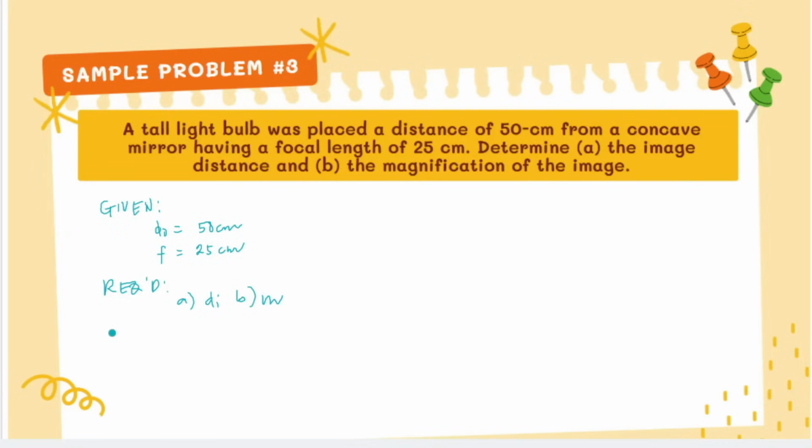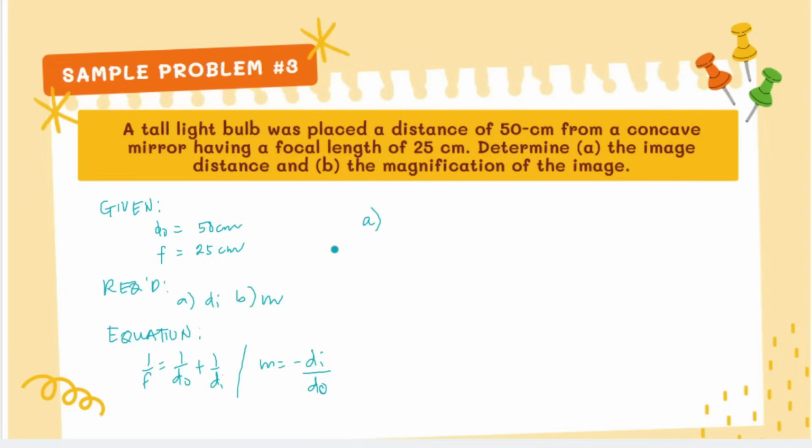Okay, kasi our equations would be first your mirror equation, and we have m is equal to negative di over do. So, let's solve for di.